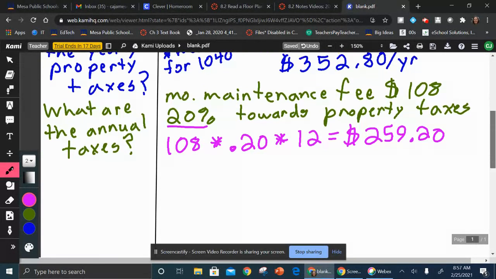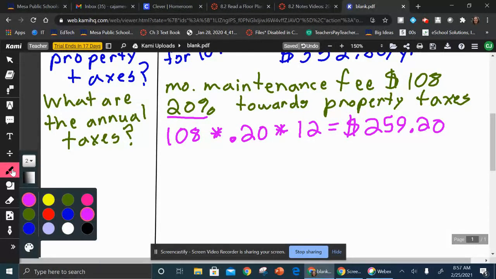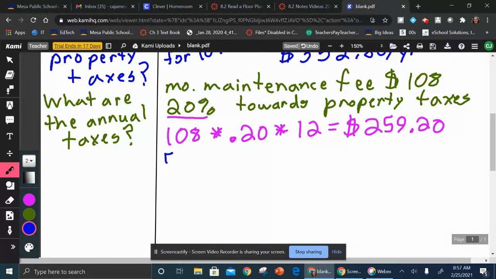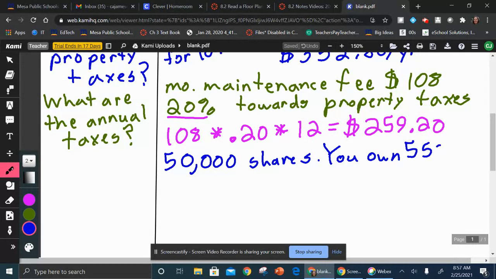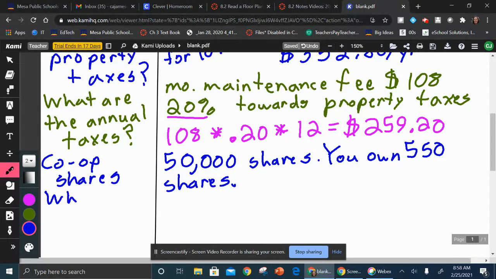Okay, so let's say that you live in a co-op. So there's 50,000 shares. You own 550 shares. Okay, so this is for the co-op shares, and you want to know what percent do you own?